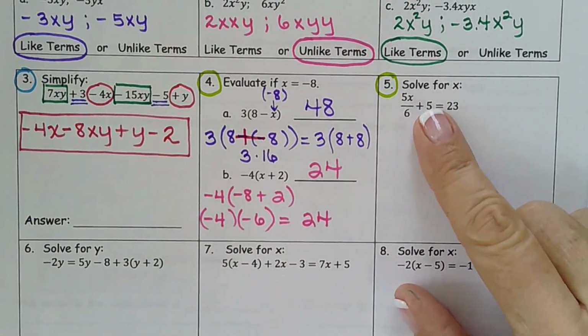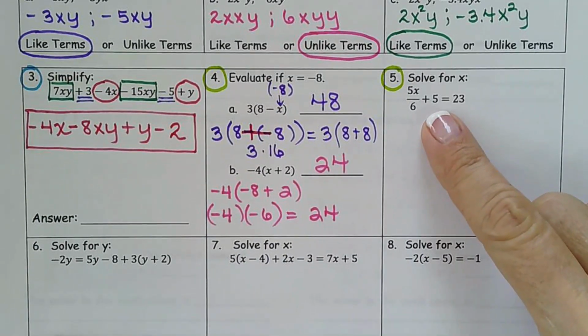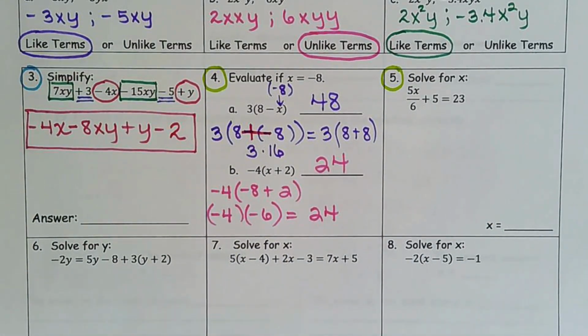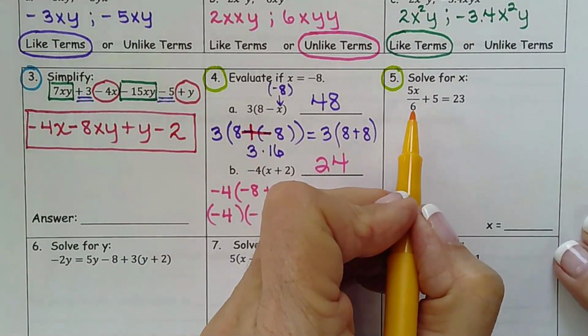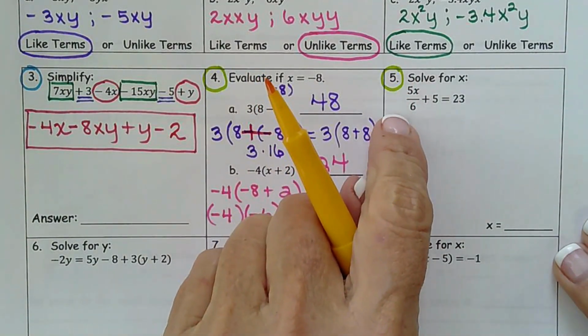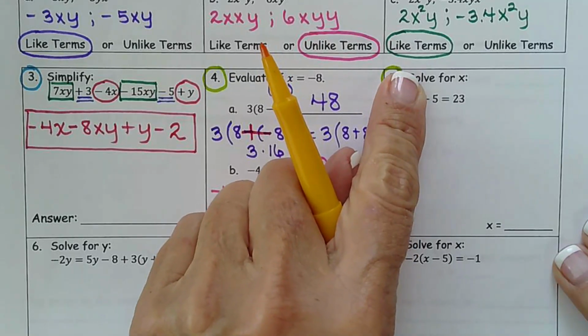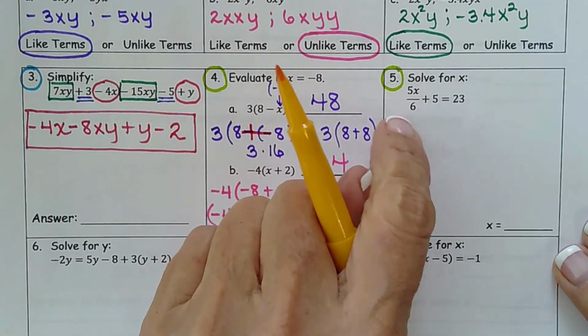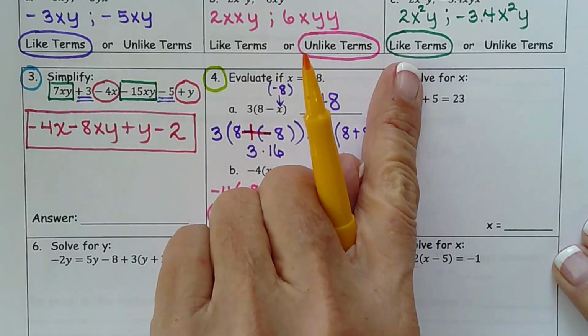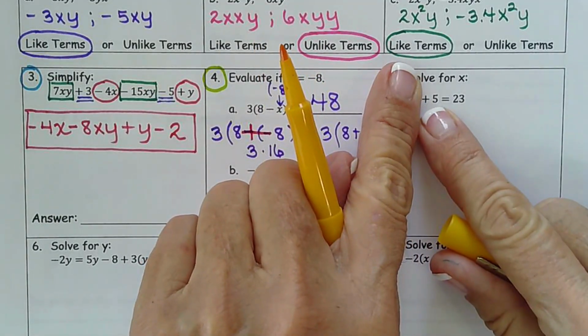Next, we're going to solve. So this is like some of the problems we did in your last set of notes before we ended the video. So step 1 is we want to get the variable alone. So to get that alone, I'm going to cover this up and do the opposite.